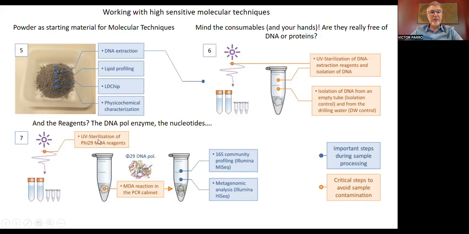In that condition, we applied multiple displacement amplification with the phi29 DNA polymerase, and that way we were able to obtain enough DNA for PCR amplification and 16S ribosomal RNA analysis, or for metagenomic analysis.